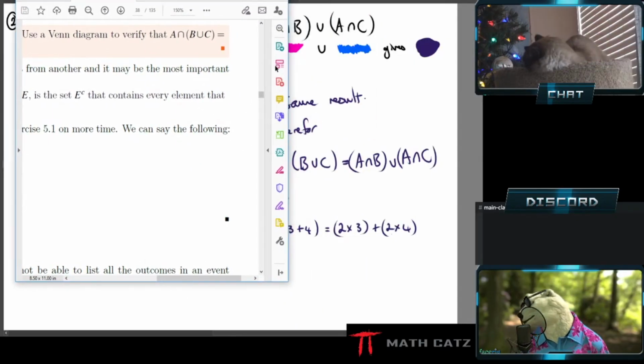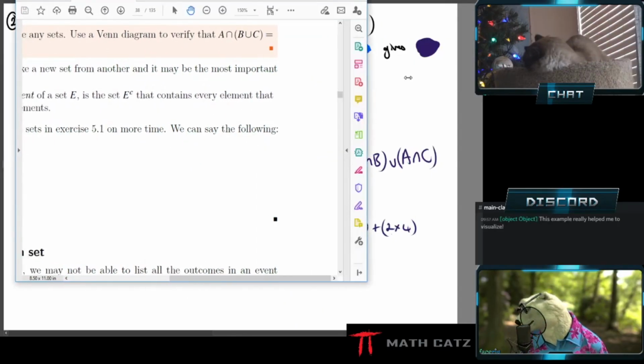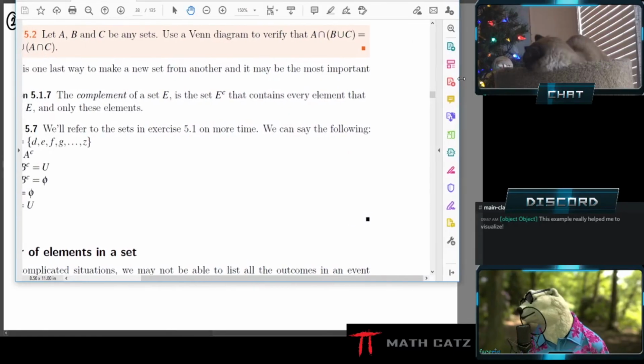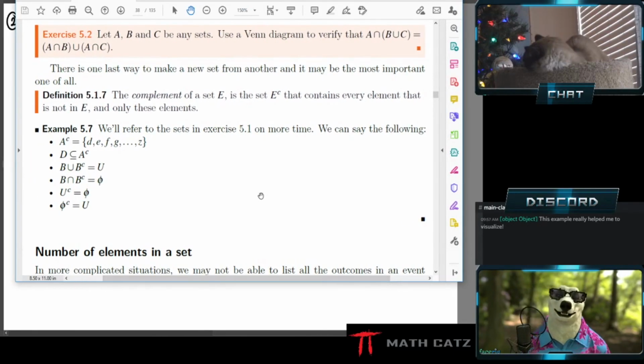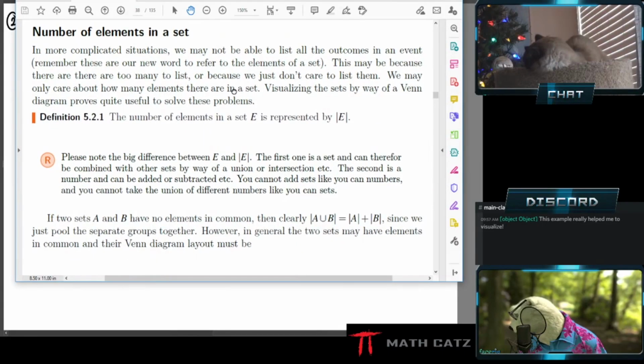It's just more complicated in this set environment. But it's interesting to see that there are some similarities. Venn diagrams are just wonderful to visualize. We're visual people, most of us. It's hard to think of abstract things, but when I can visualize circles and colors and overlaps, it's nice. I like it.